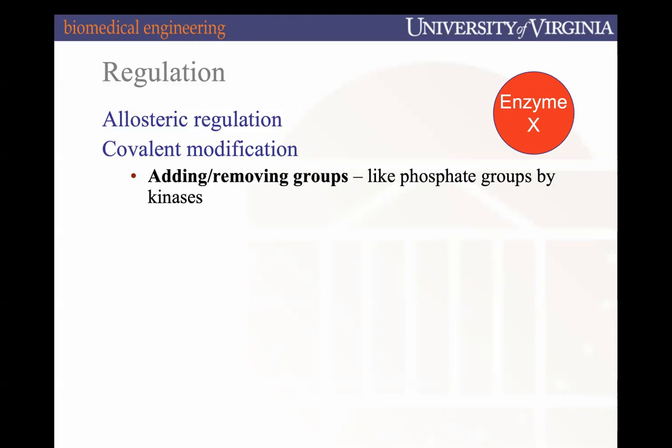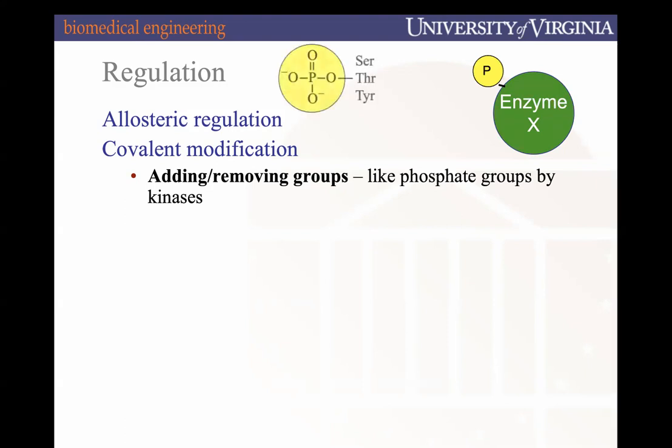So what can happen here is that an enzyme can have a phosphate group added by a kinase. We have kinase X here that comes in and brings a phosphate group over to enzyme X. Phosphate groups have a negative charge. That charge is now going to change the conformation of enzyme X, and that is going to allosterically change and regulate this protein.